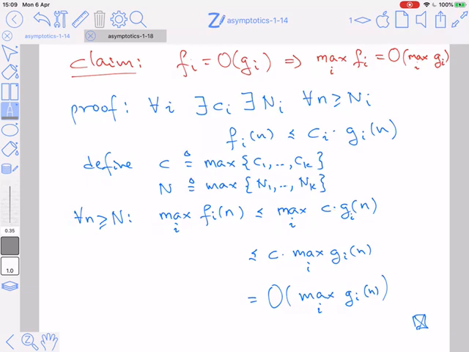And so on and so forth. We do it for f2 with respect to g2, fk with respect to gk. Now we can take this c outside, and we have c times the new function, which is the maximum of gi of n. The maximum of gi of n we copy, the c is swallowed by the big O. This we already saw.